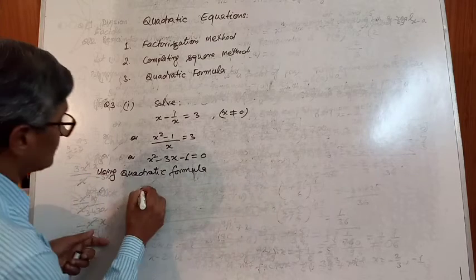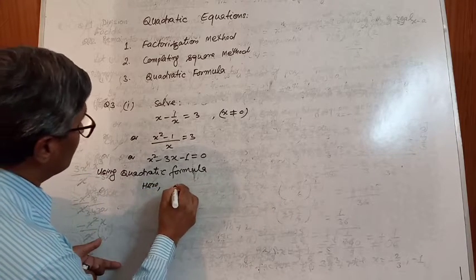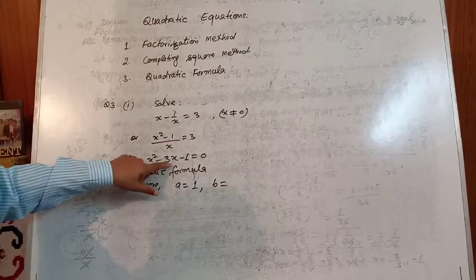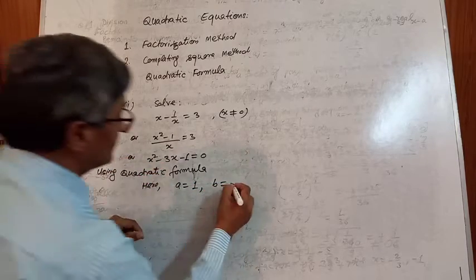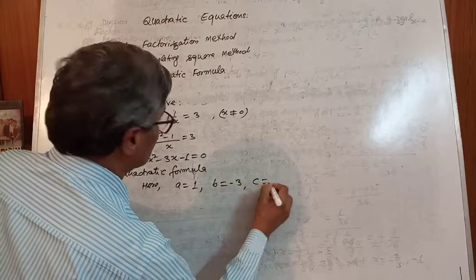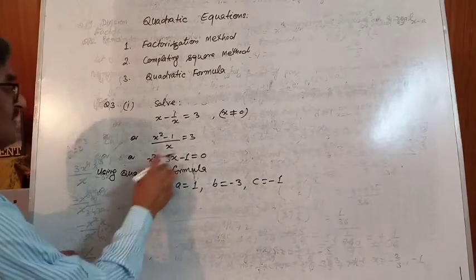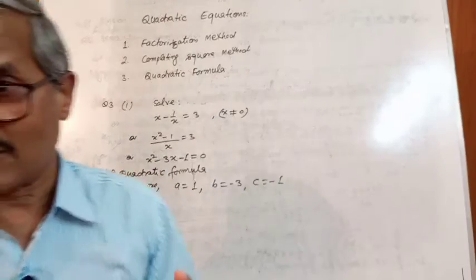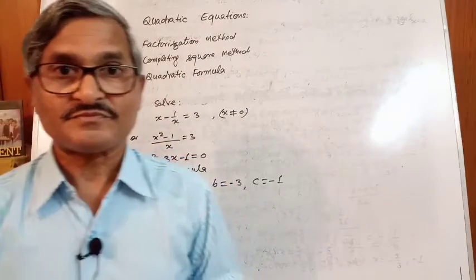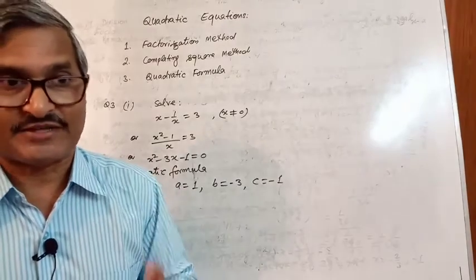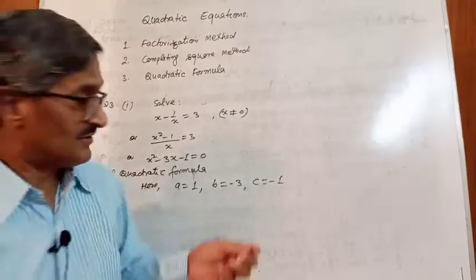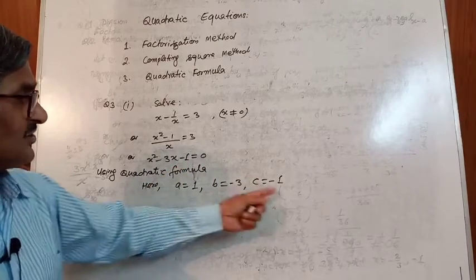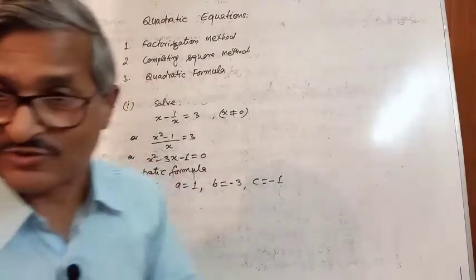Here a is equal to 1, b is equal to minus 3, the coefficient of x, and c is equal to minus 1. We have to take the sign with it, because comparing with the quadratic equation ax square plus bx plus c, a equals 1, b equals minus 3 and c equals minus 1.